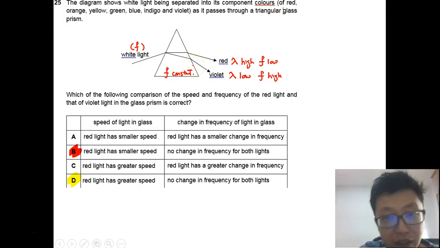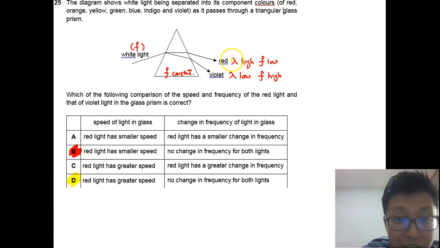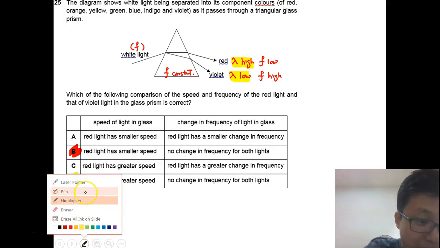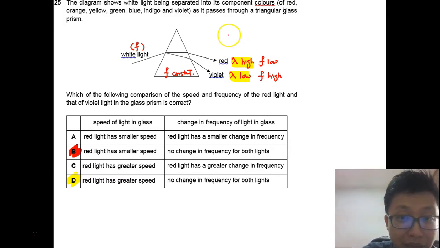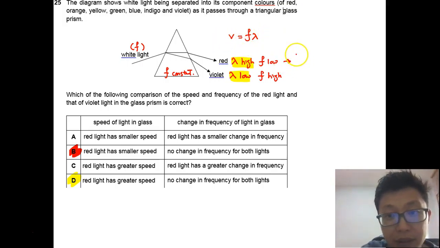So if the frequency is constant, and your red color has a higher wavelength compared to your violet light, then you should be able to deduce by v equals f lambda that, now your f is constant, so your red color light, which has a higher wavelength, would definitely have a higher v.